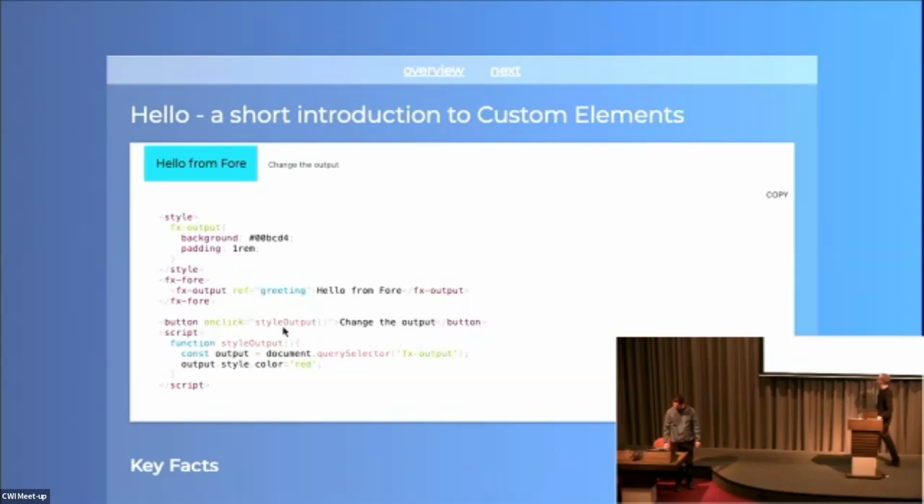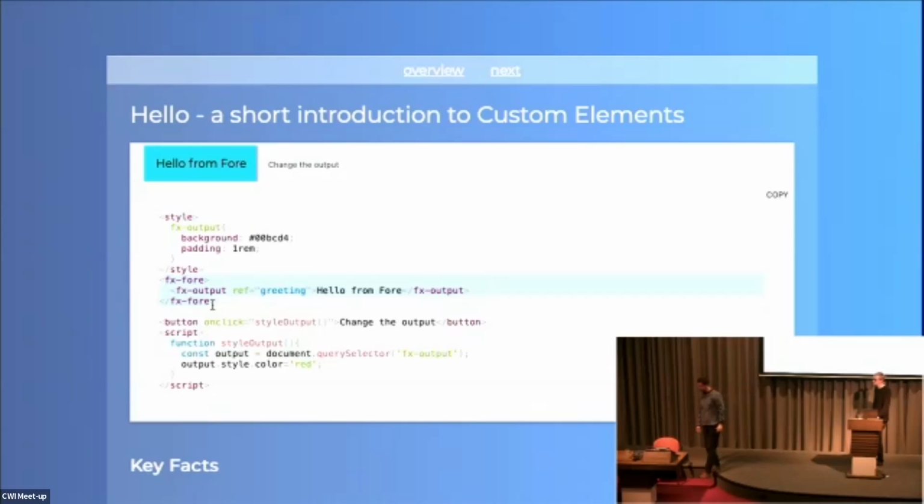It's already there. What you see is hidden in there is a custom element. And this custom element behaves just like a normal HTML element. You can expand HTML with your own elements, and they will behave like normal HTML elements in the sense that you can style them like in the top or script them.